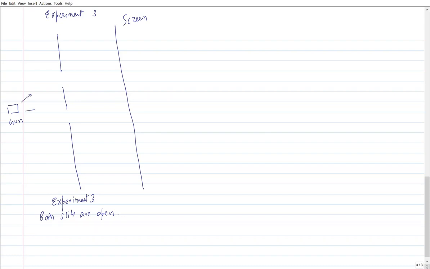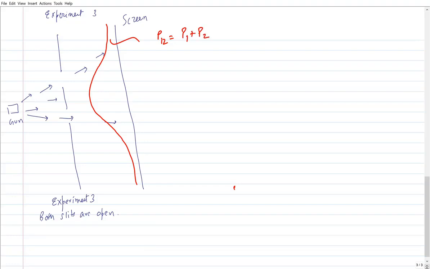Now I have again bullets spraying randomly. I get a probability distribution something like this. And I noticed that P12 was equal to P1 plus P2 of the previous cases.